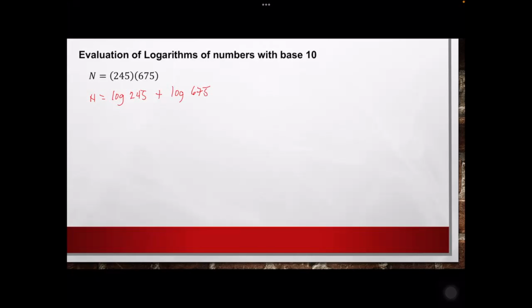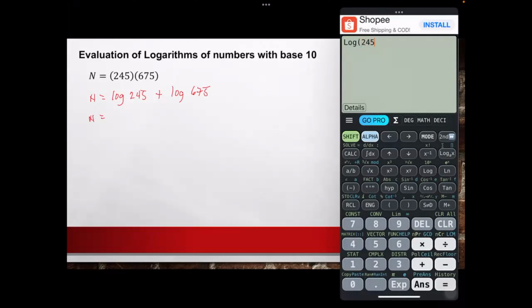Now, we get the value of the logarithm of 245, which is 2.3892, plus the logarithm of 675, which is 2.8293. Then we just add them. Adding them, we get 5.2185.